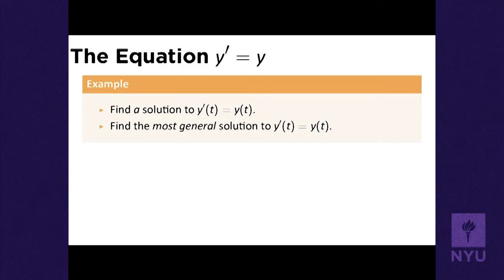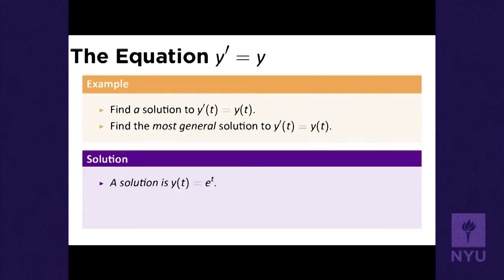So I would agree that one solution would be e to the t. But in this case, the general solution is not constant plus e to the t, because if I add a constant, then its derivative doesn't have that constant added on. So what's different this time?